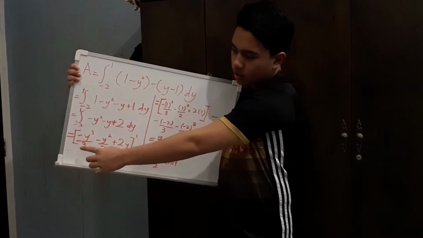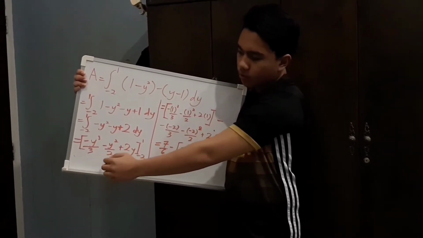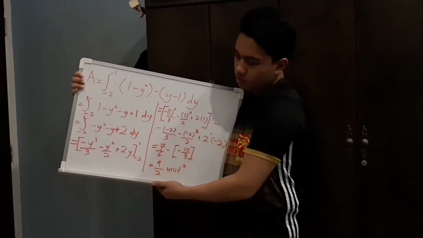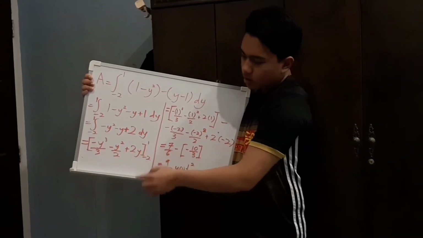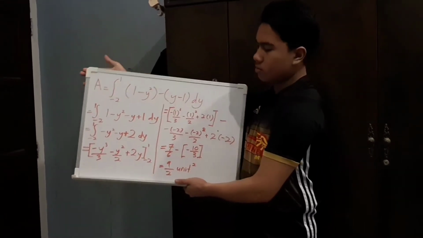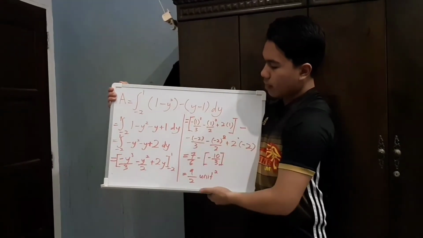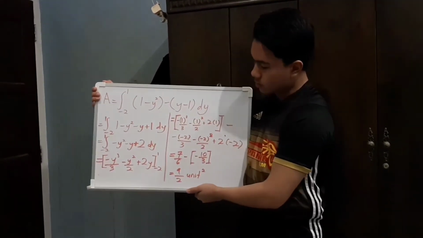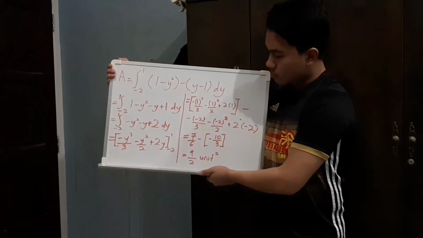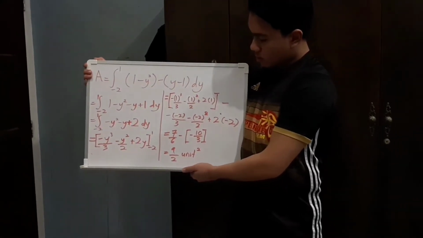So in brackets, negative y to the power of 3 over 3 minus y to the power of 2 over 2 plus 2y, from negative 2 to 1. Then in brackets, negative 1 to the power of 3 over 3 minus 1 to the power of 2 over 2 plus 2 in brackets 1.